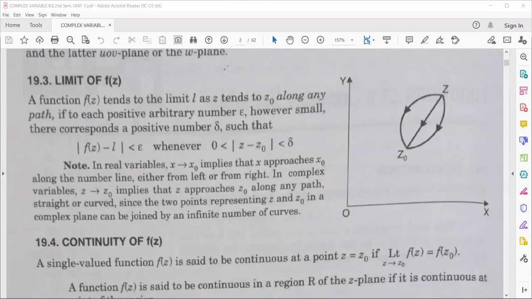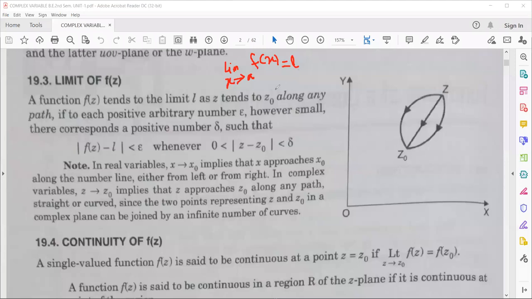Say limit x tends to a, f of x is equal to L. If you remember the limit part of class 12, if limit x tends to a, f of x is equal to L, then what does it mean?